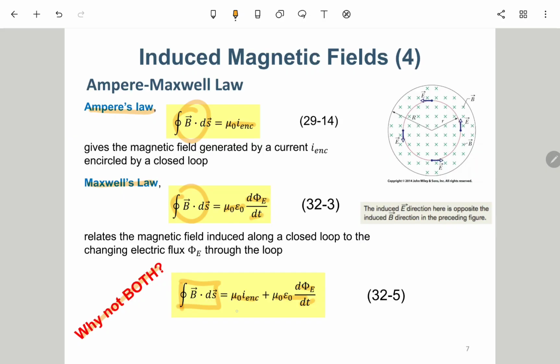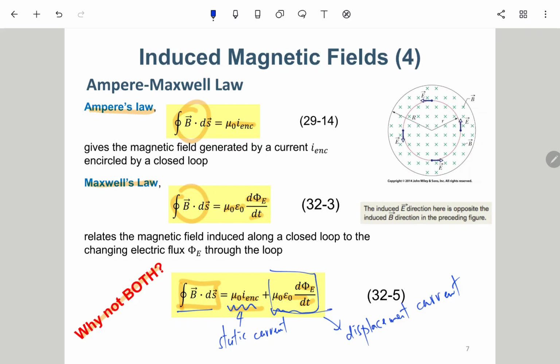Just add them together. So this is the static current, the current in the original sense, and then this one is the displacement current. Of course, we have not mentioned the displacement current yet, but if you have some sense of the physics, this thing equals a current adding something.